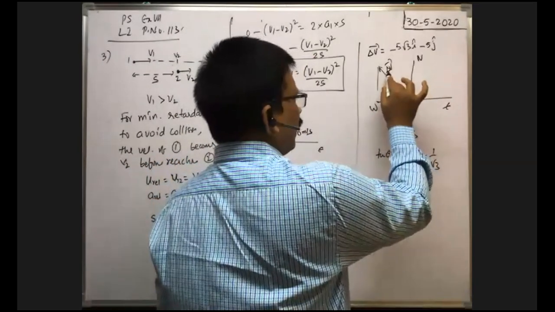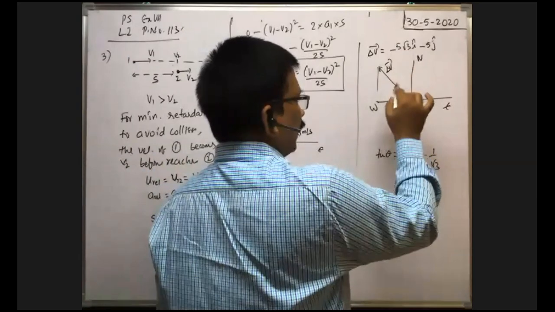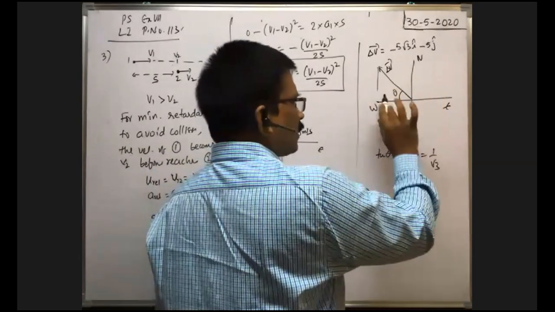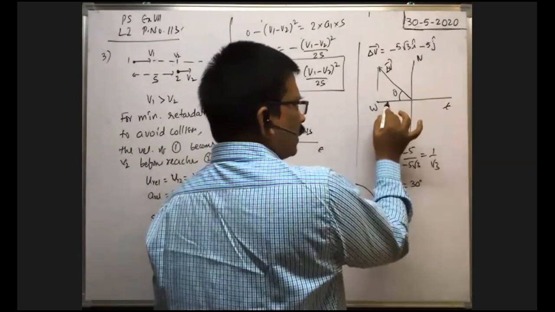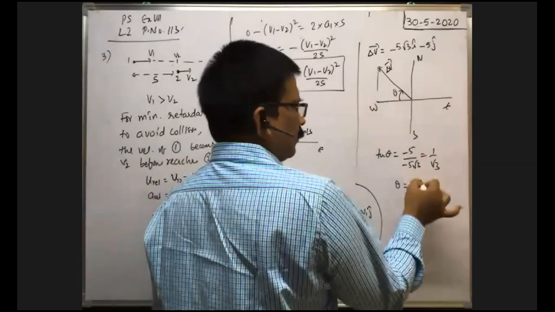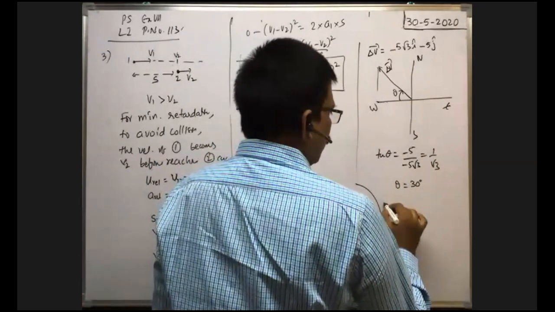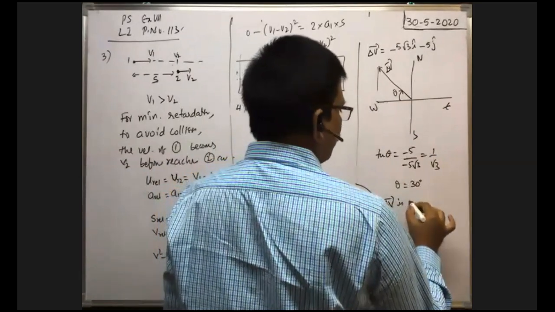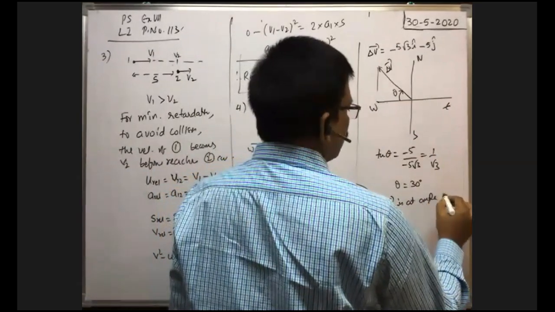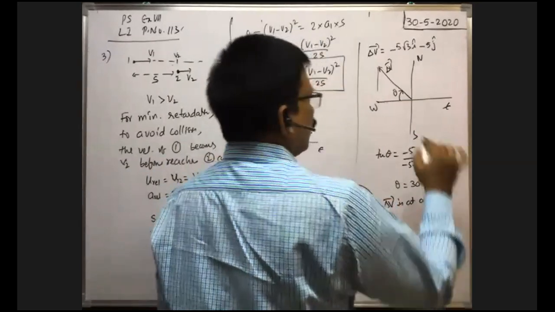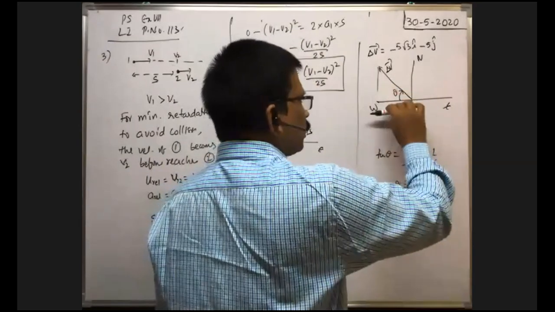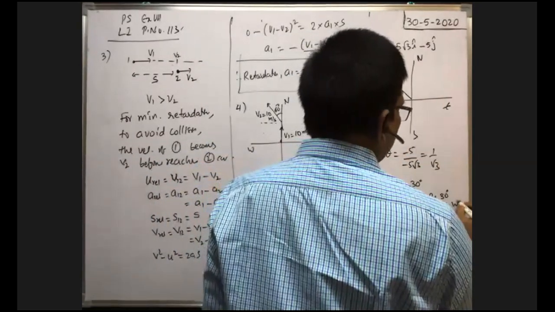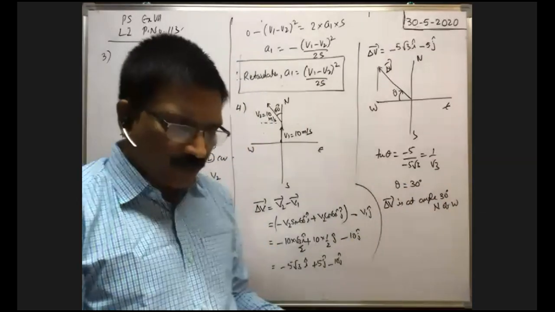The change in velocity is along the direction 30 degrees north of west, which means from west towards north it makes an angle of 30 degrees. That would be the answer, but in the options that answer is not there.